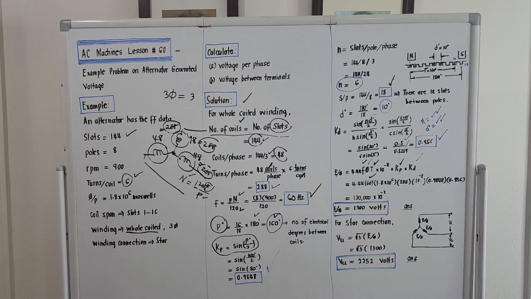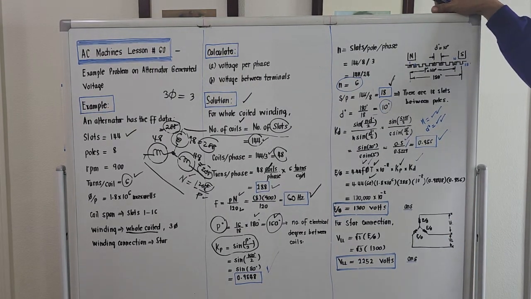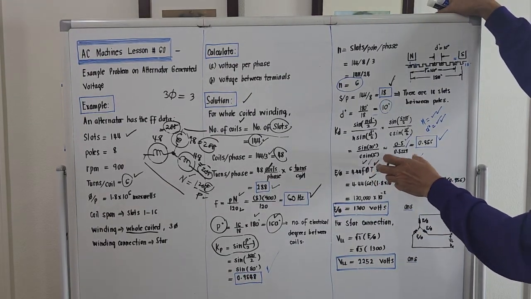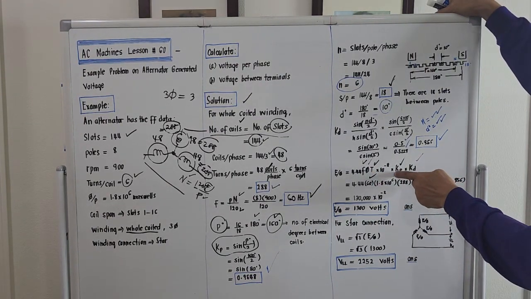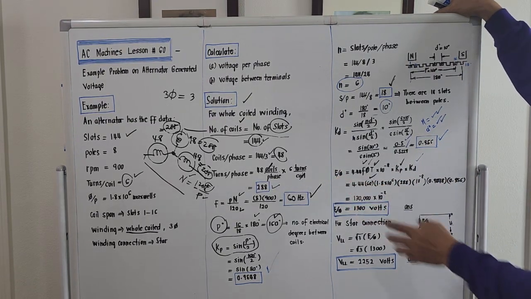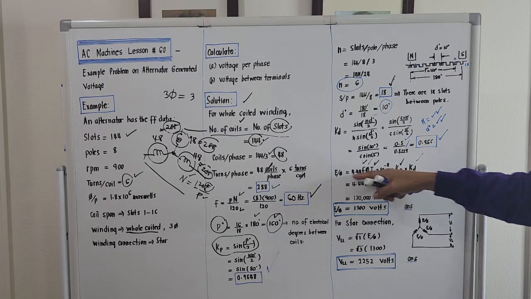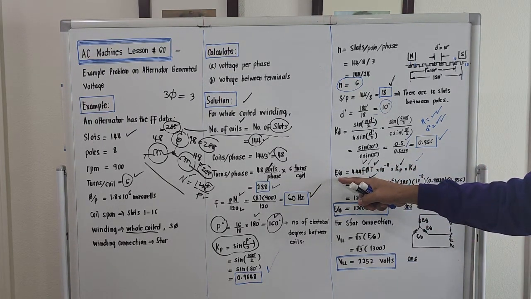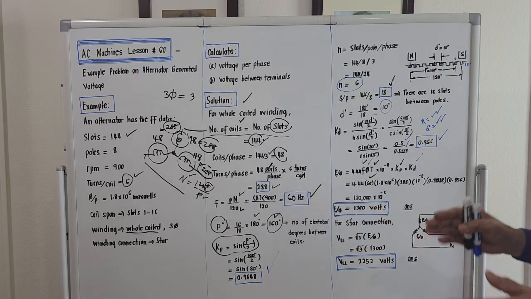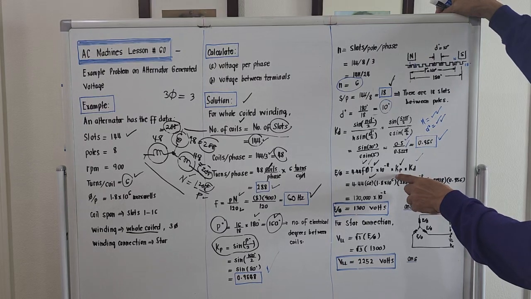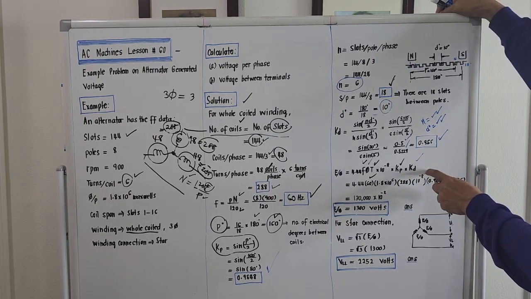Okay, we are manipulating the equation, right? We are solving the values on how to substitute values here, because without knowing the value of K sub P and K sub T, we could not compute for the voltage per phase. We will multiply this value here by K sub P and K sub T, because this is supposed to be the corrected voltage. There is a variation in the voltage because there is a problem with the pitch factor and the distribution factor.